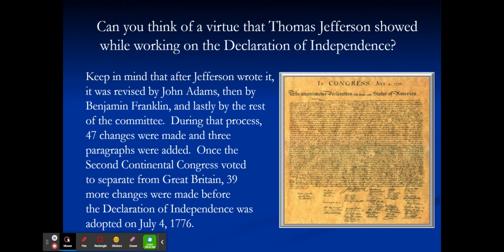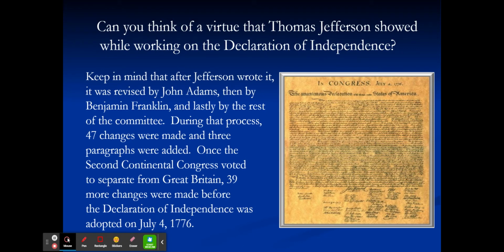Once the Second Continental Congress voted to separate from Great Britain, 39 more changes were made before the Declaration of Independence was adopted, signed by the Second Continental Congress on July 4th of 1776. So 86 changes were made and 3 paragraphs added from the time Thomas Jefferson started to the final product of the Declaration of Independence that we know today.